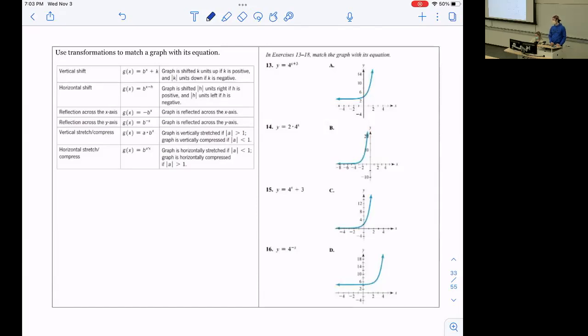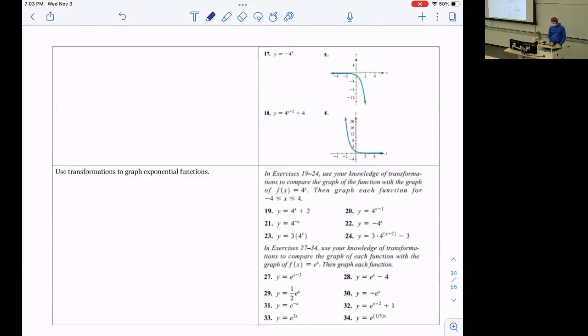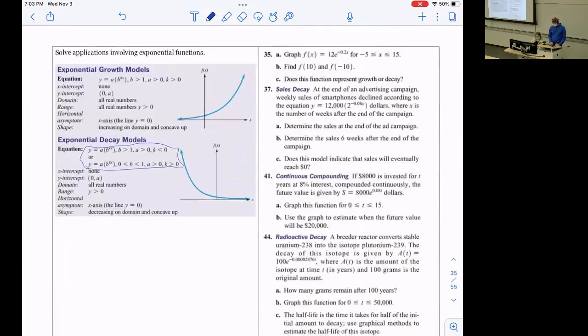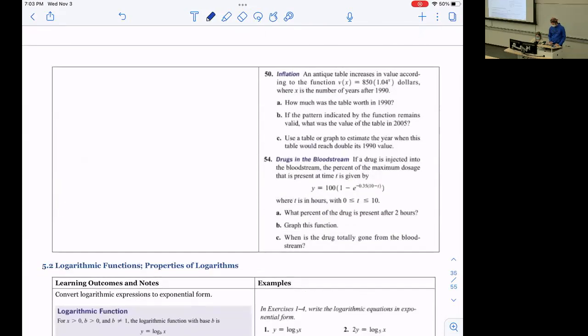These are all of our transformations from previous, just applied to a different function. Use transformations to graph the exponential functions. What about 19 through 34? Solve applications involving exponential functions, so 35 through 54.